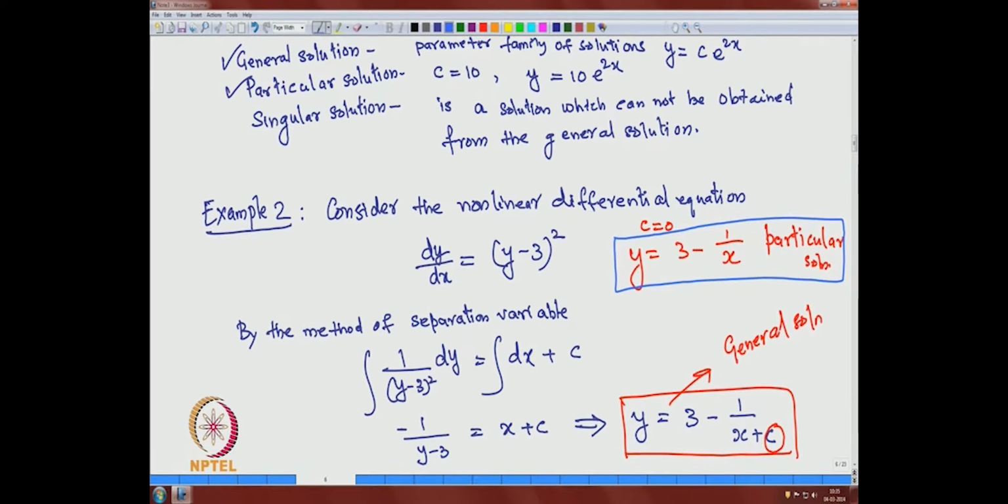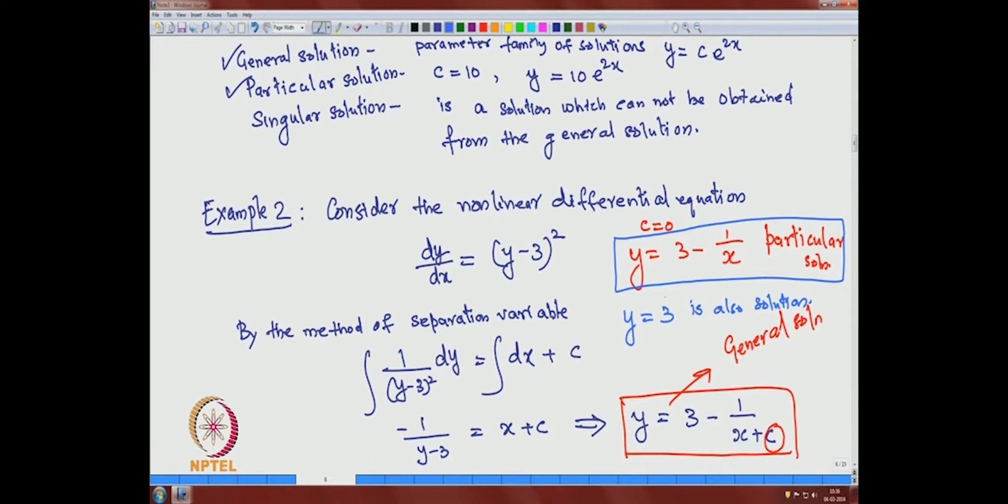Now, you can verify easily that y is equal to 3, once you substitute y is equal to 3, it is a constant function, into this equation, this equation is satisfied. It is also a solution, but that is not obtained from the general solution, and therefore, this is a singular solution.